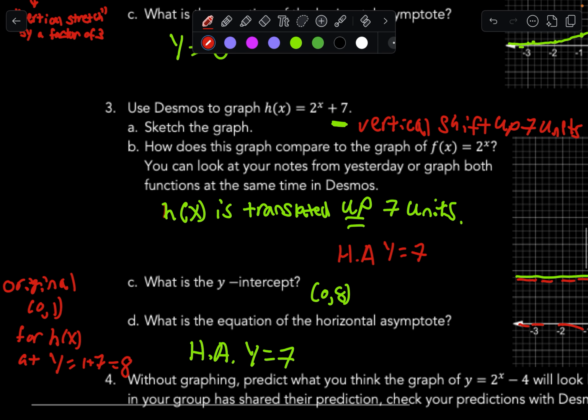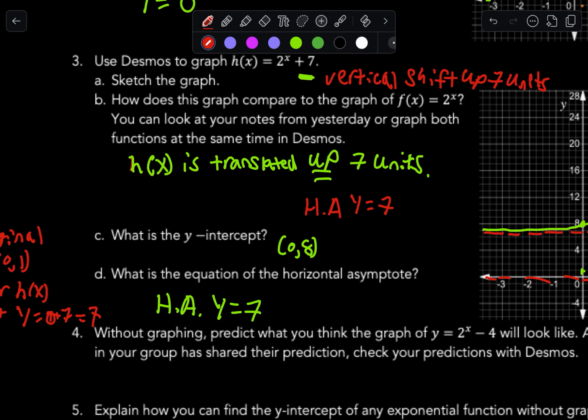I'm sorry, which was the original 0. Okay, for h of x, the horizontal asymptote for f of x is y equals 0. So for h of x, the horizontal asymptote is 0 plus 7, which is 7. I was mixing up the horizontal asymptote and the y-intercept. All right? So everything shifts up.